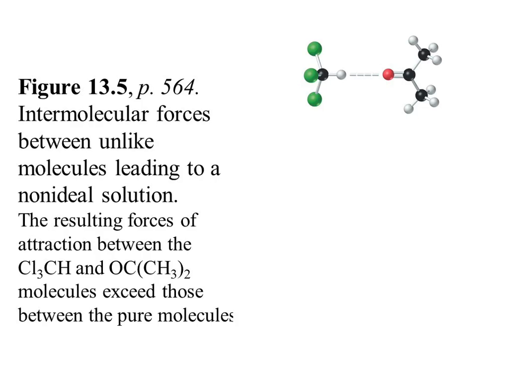But we talked about the fact that if you substitute one of those chlorines for a hydrogen, it is definitely polar. The hydrogen will run around with a partially positive charge, and you can see it dot, dot, dot. That's the intermolecular bond formed with the partially negative oxygen of the acetone.